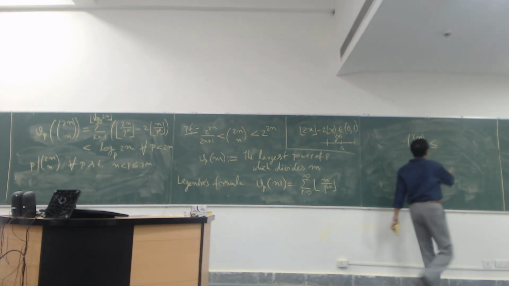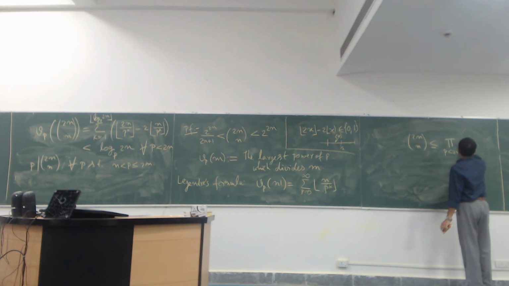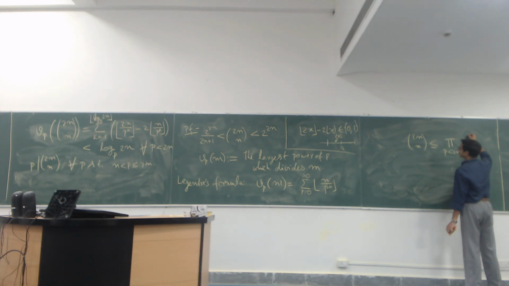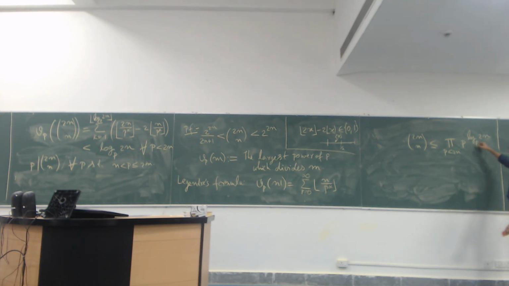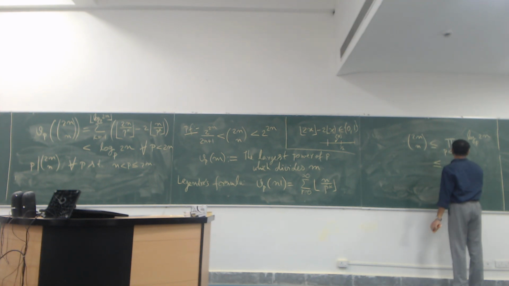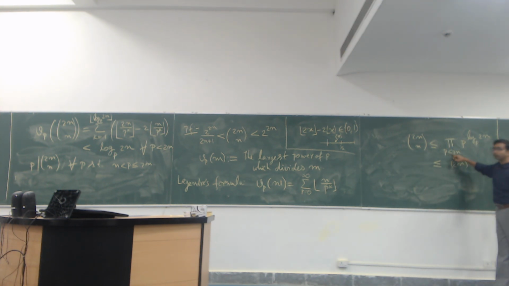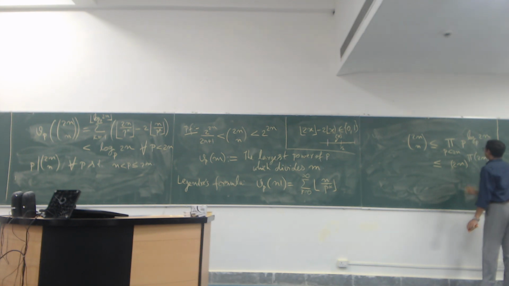So this is less than the product over all the primes p less than 2n, and the v_p(n) was what, log p, less than 2n, that is pi of 2n.